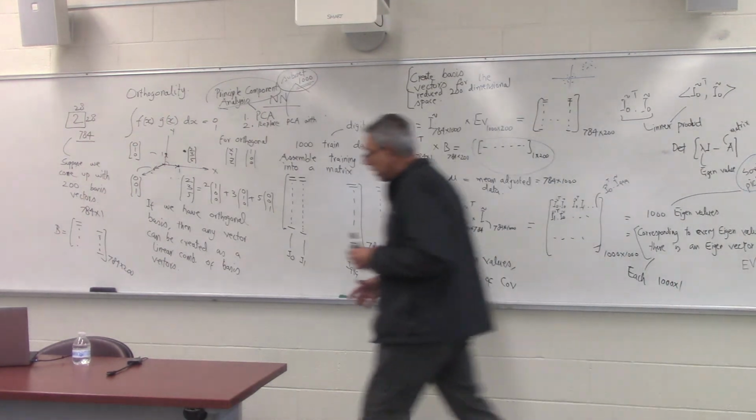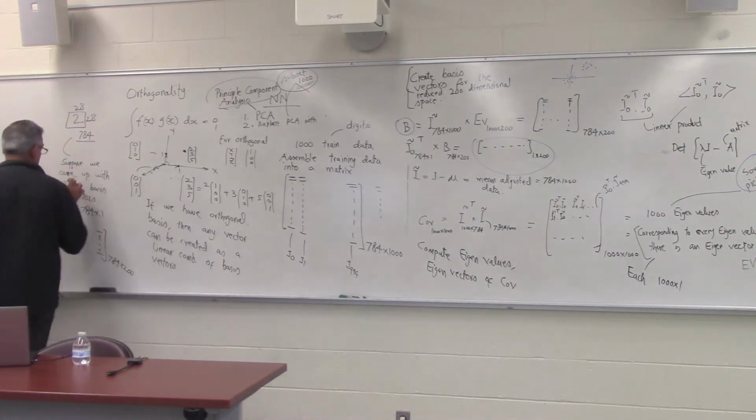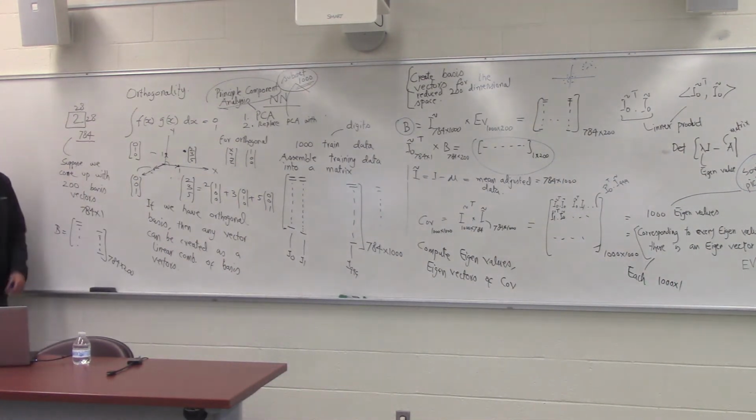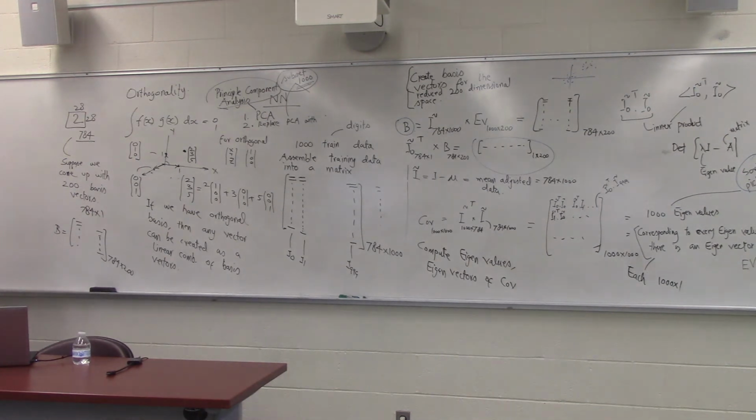Okay. So now the next step. Once we have 200 basis vectors, what's the next condition? They should be orthogonal to each other. And for orthogonality to be verified, what will we do? Pick any two of these vectors. If we did the inner product of those, it should be 0, right?